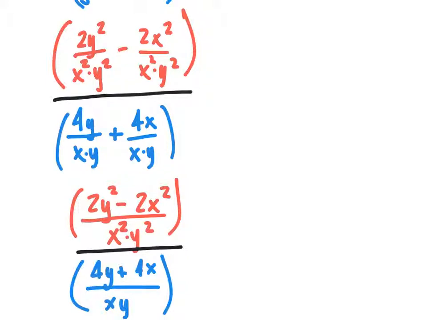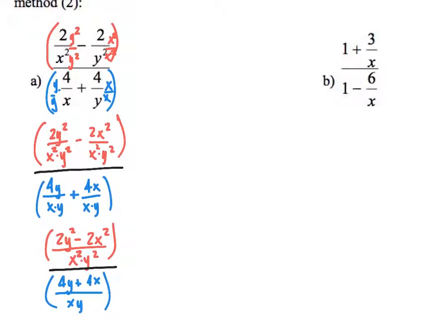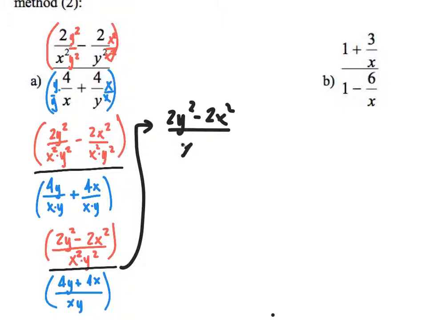So now that I have two fractions, all right, I'm going to write this. So let me come up here and write this here. So now here's what I've got. I've got 2y squared minus 2x squared divided by x squared times y squared. Now I'm going to divide that by my denominator, which was 4y plus 4x over xy.